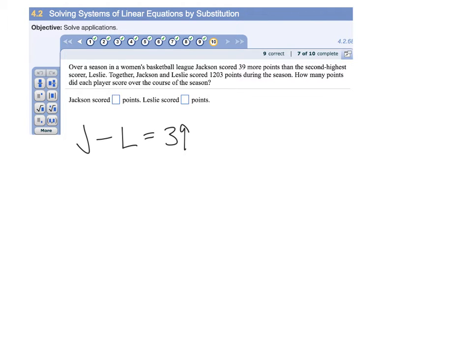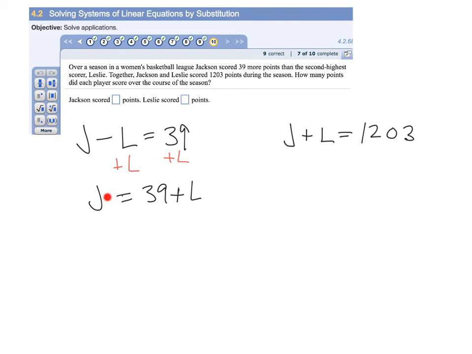Now it says together, Jackson and Leslie scored 1,203 points. So that means Jackson plus Leslie is equal to 1,203 points. Our job is to figure out how many points each player scored. So let's add L to both sides. So J is equal to 39 plus L.